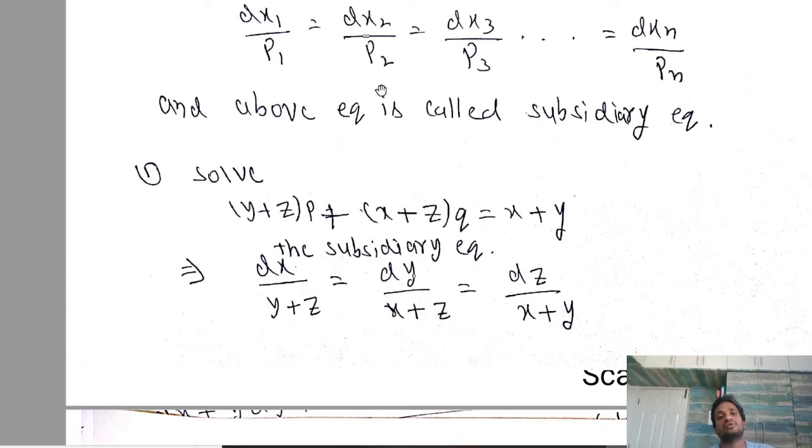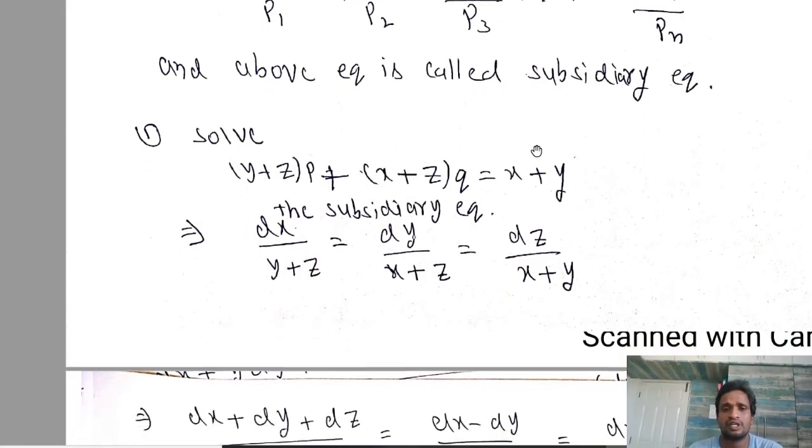Here also we have to solve all these equations, then we get the solutions u1, u2, so on, un. Writing an equation of this type is called the subsidiary equation. Whenever we want to find the solution, we first have to write the equation in the form dx by something, dy by something, and dz by something. Now we do some of the problems.